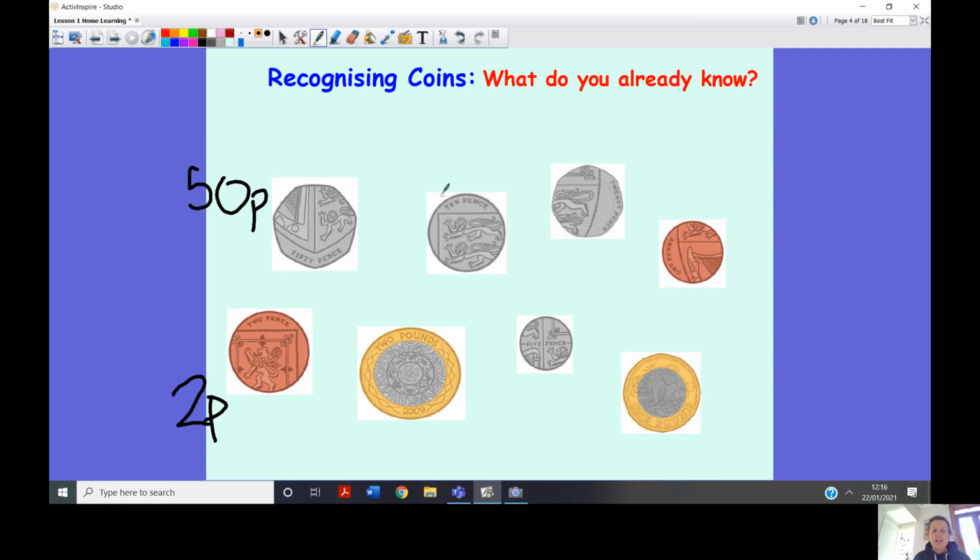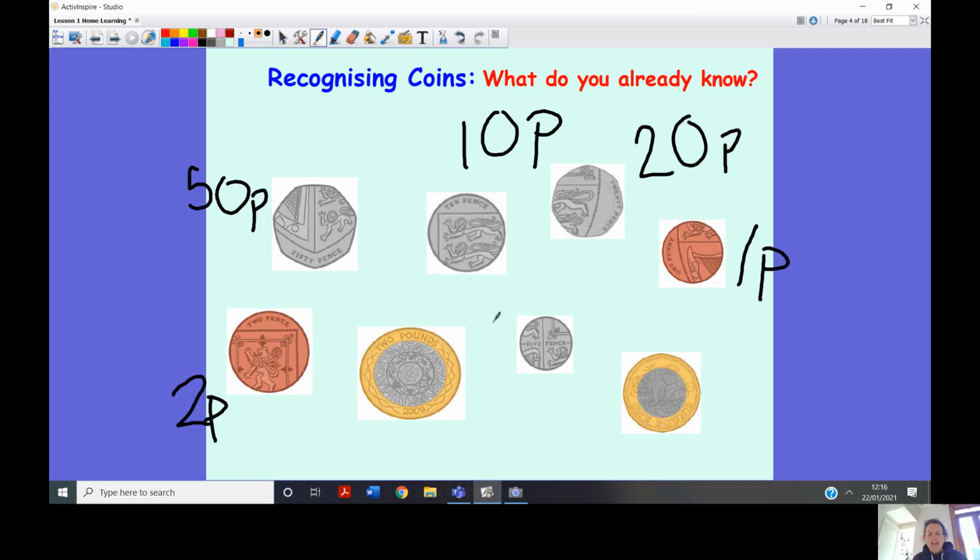This one is a 10p. This one is a 20p. This one here is a penny, my lucky penny. This one here is a 5p. And did you know, actually, 5p coins used to be a lot larger, almost the same size as the 10p.